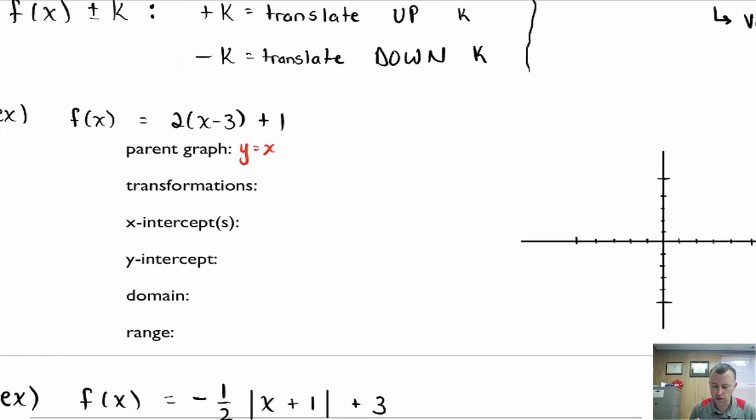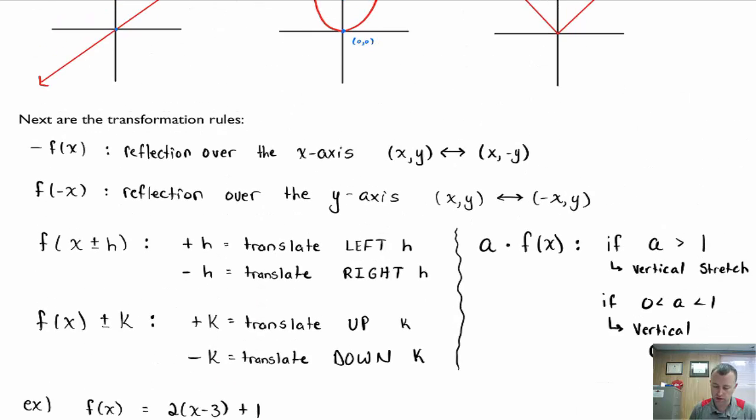So if you think about putting all these transformations together, let me shove those up here. All our transformations put together are going to look something like this: y equals a times f of x plus or minus h, plus or minus k. Now, as we talked about, there's that horizontal compression and horizontal stretch.